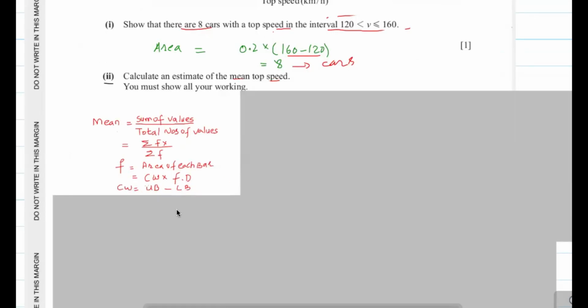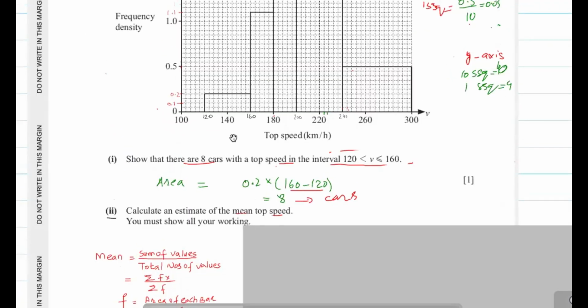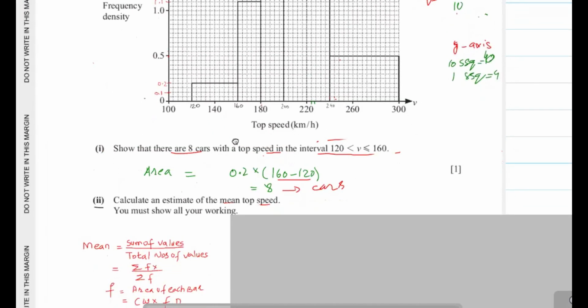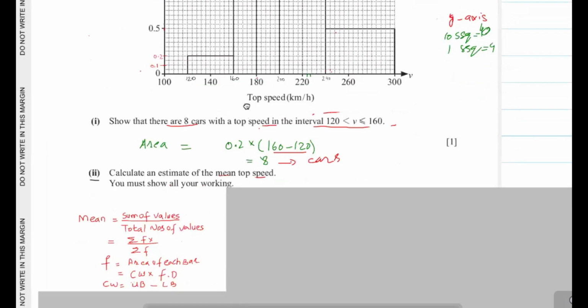Firstly, we will calculate class width, and class width, look here, is equal to upper class boundary minus lower class boundary. Firstly, we will write the class interval of each bar.